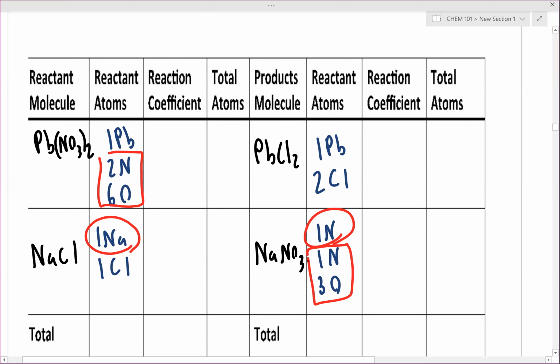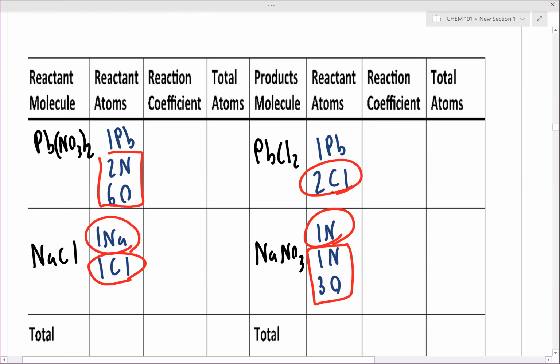I'm putting a box around them and grouping them because those are found in nitrate. So when we balance nitrogen and oxygen in this ionic equation, we're most accurately just balancing the ion nitrate. Okay, and chloride is also unbalanced. So let's focus on balancing our ions.